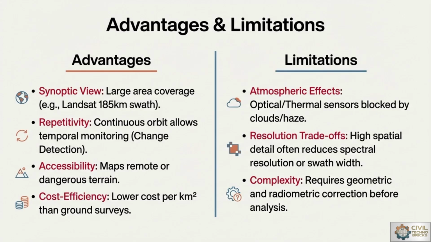So what are the advantages and limitations? Advantages are based on four topics: synoptic view, repetitivity, accessibility and cost efficiency. The limitations are of three types, three domains: atmospheric effects, resolution trade-offs and complexity. Basically the advantages outweigh the limitations, because this is an advancement in actual data collection or the open source satellite point of view.